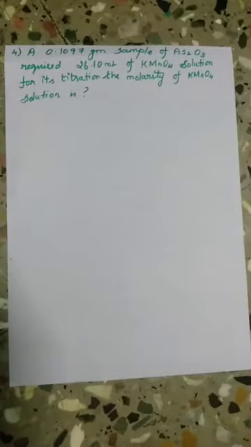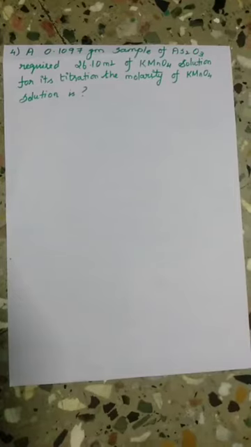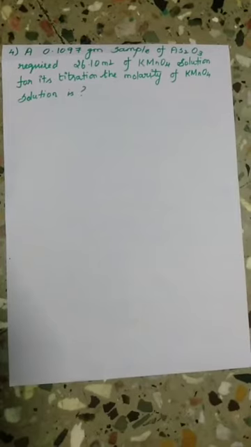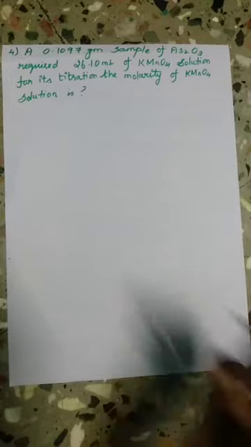So now the fourth question we will discuss, that is: 0.1097 gram sample of As2O3 requires 26.10 ml of KMnO4 solution for its titration. The molarity of the KMnO4 solution is what? We will discuss now.